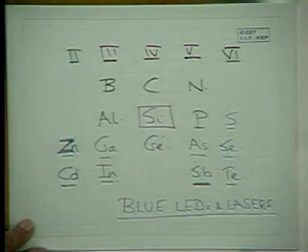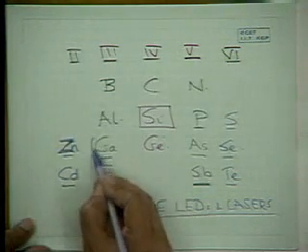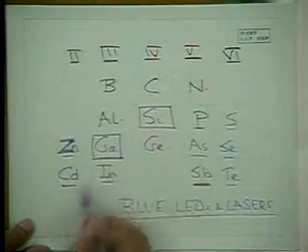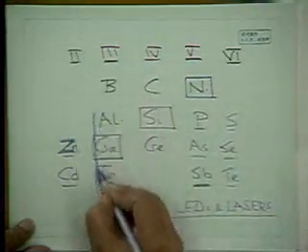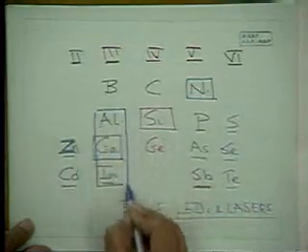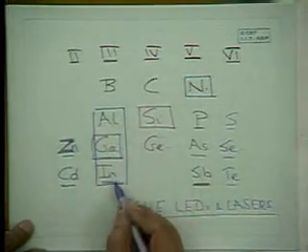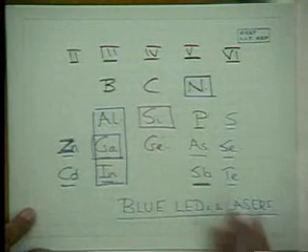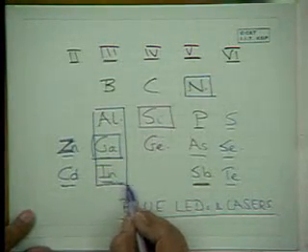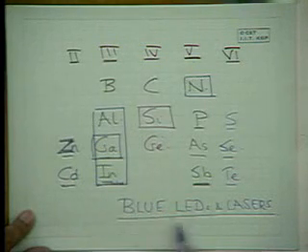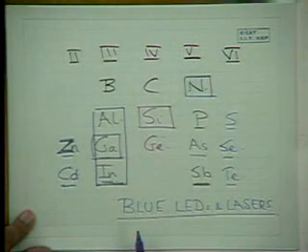This has been a very challenging area of development, and we'll see that gallium nitride and the family of gallium, aluminum, indium nitride has opened up a new area in optoelectronic devices which are able to produce blue emitting lasers.